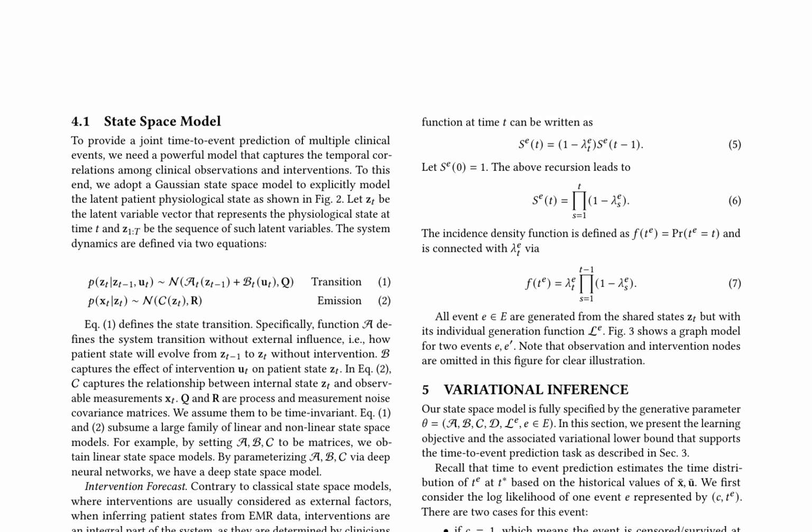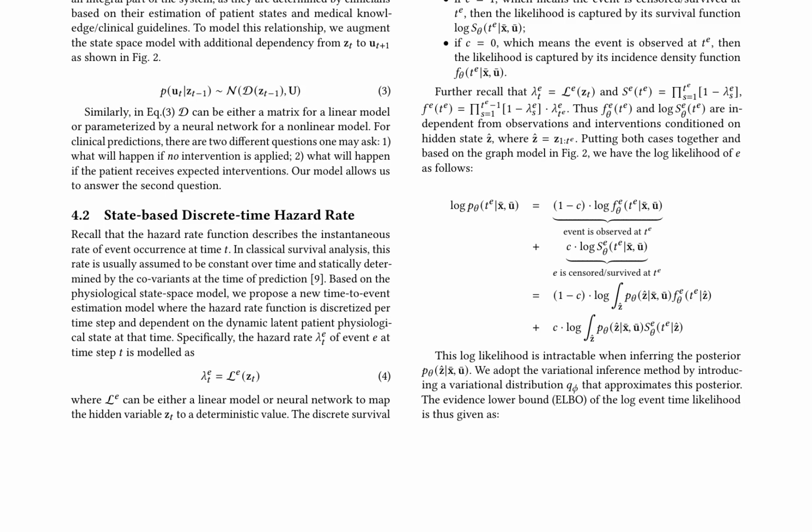The log likelihood of one event E is captured by its survival function, log S_theta(t | x, u), if the event is censored, survived at t, and by its incidence density function, f_theta(t | x, u), if the event is observed at t. The authors adopt variational inference by introducing a variational distribution q_phi that approximates the posterior p_theta(z | x, u).